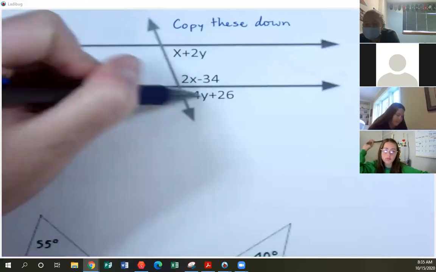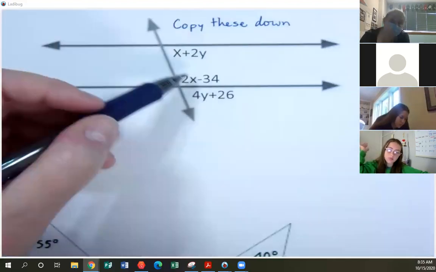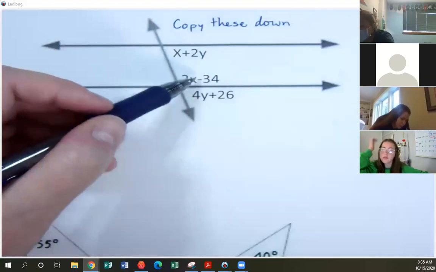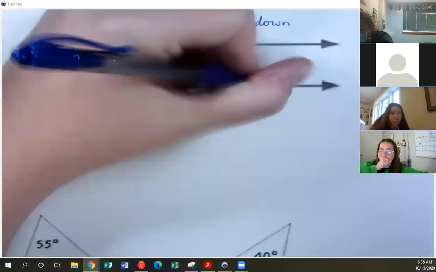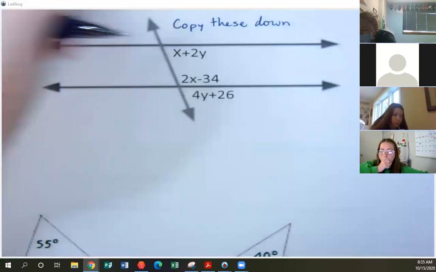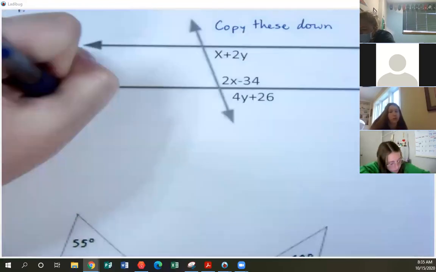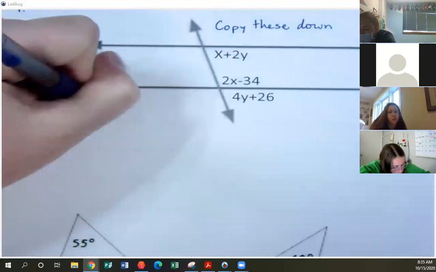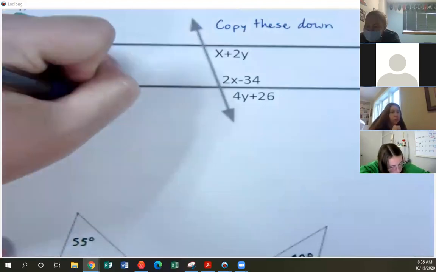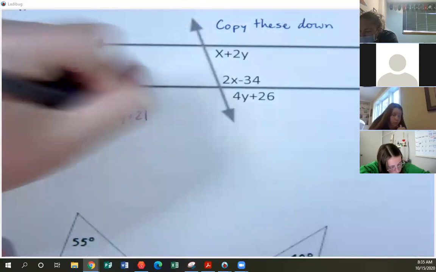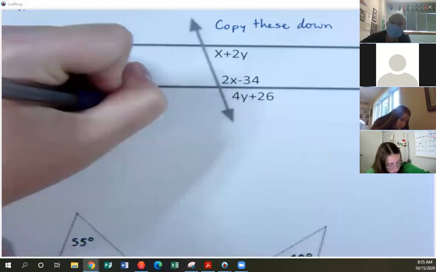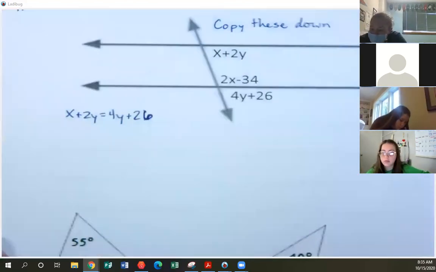So since we have corresponding angles, they're both acute, we know that they are congruent to each other. So I will write that down right here. x plus 2y is going to be equal to 4y plus 26. Let's write the correct numbers, that would be helpful. So that's the first equation.